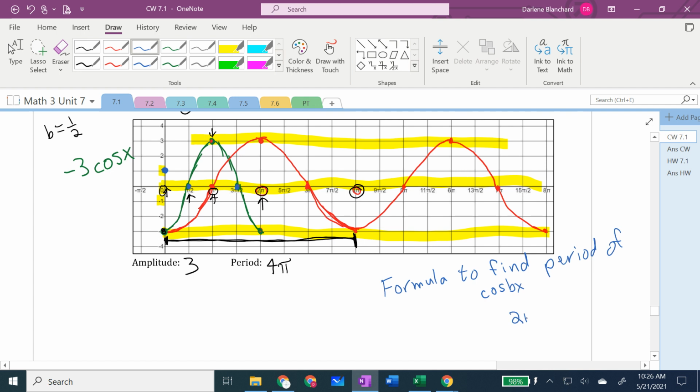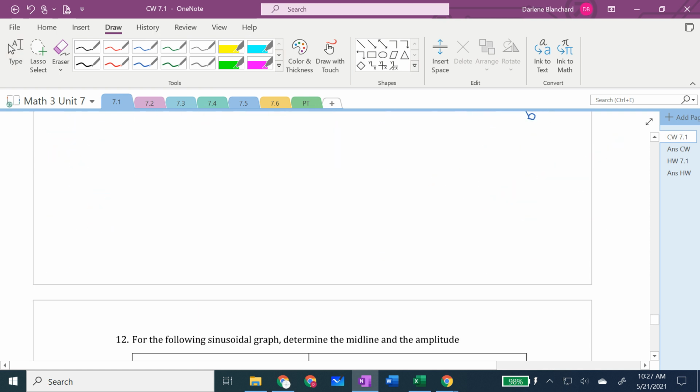You will take 2 pi and you will divide it by b. Whatever x is multiplied by, you divide it by. But you can also go through the logic that I showed you just a bit ago. If b is 1/2, then I have 2 pi divided by 1/2, which means 2 pi times the reciprocal. All right, that is the end of that example.